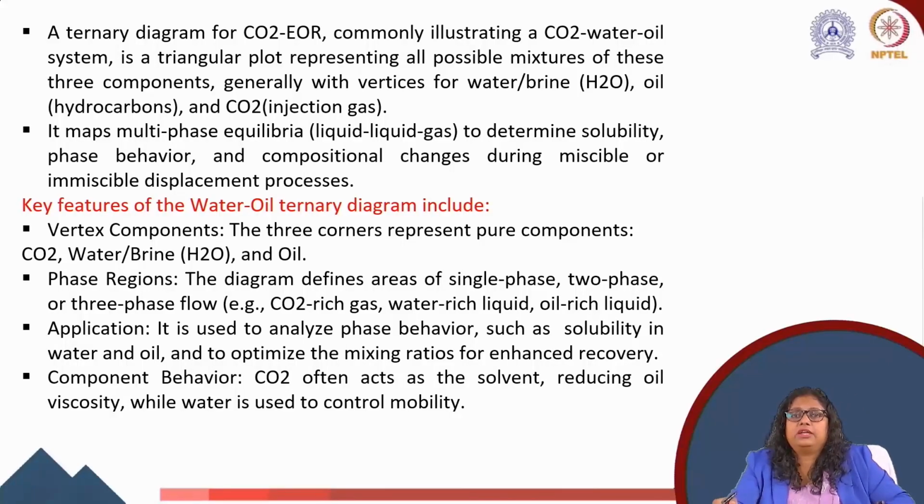This ternary diagram for CO2 EOR has multi-phase equilibria to determine the solubility, phase behavior and compositional changes during miscible and immiscible displacement processes. So what are the key features we have seen? There are vertex components, the three corners representing the pure components.